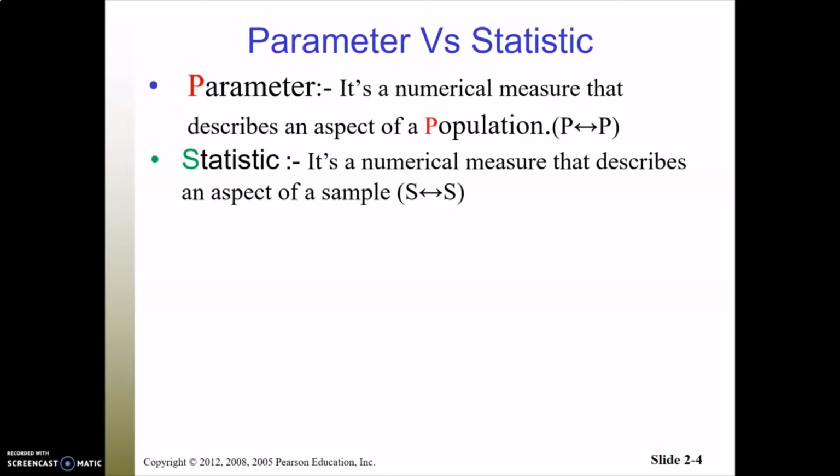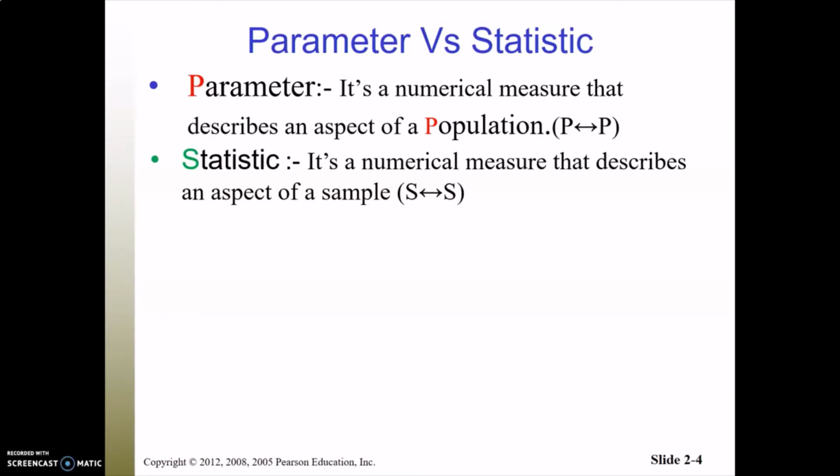For example, a sample mean, sample size, sample standard deviation. Such a numerical measure is called a statistic. And S goes with S: statistic starts with S, and sample starts with S.